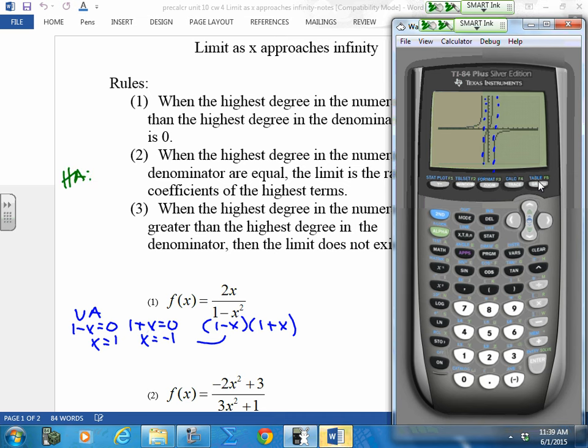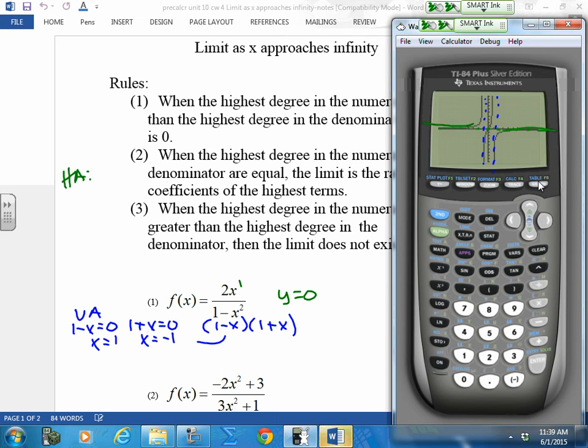If the degree in the numerator is less than the degree in the denominator, which is the highest degree, 1 over 2, then you have an asymptote of y equals 0. This was your horizontal asymptote. Look what it does.